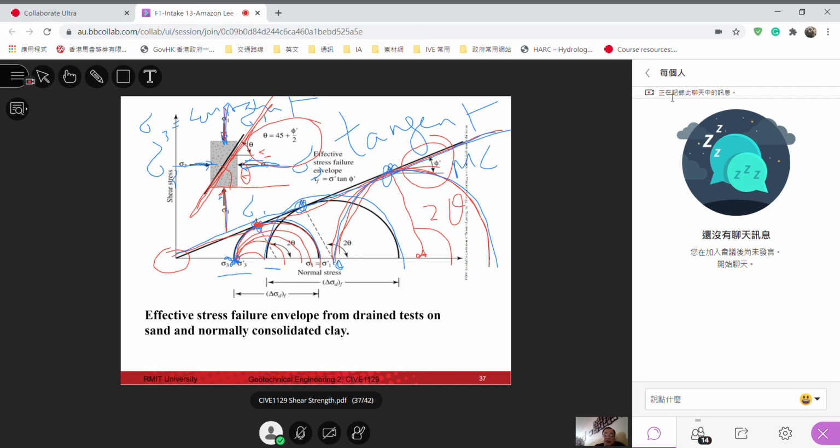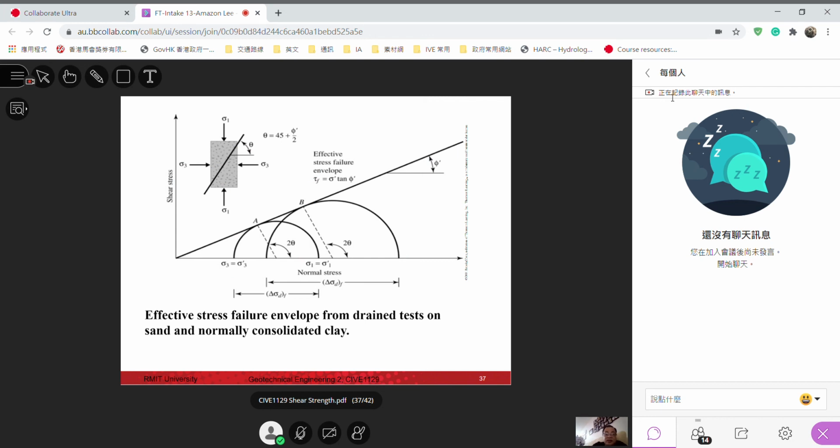So first you get this result, and second we have another test. Now this time you have another specimen, and we confine it to a higher confining pressure.